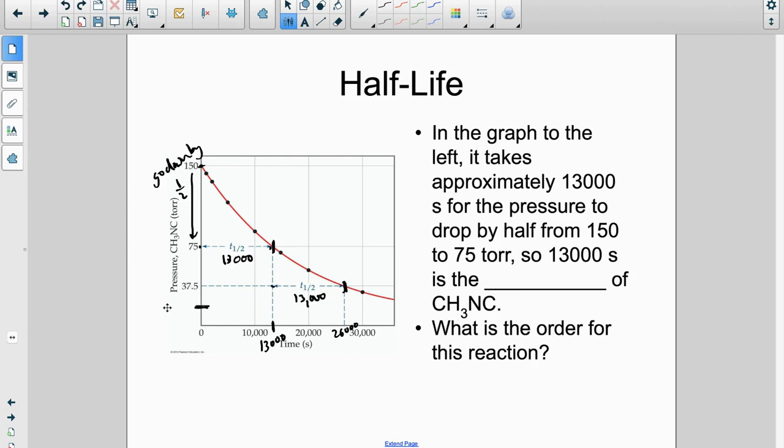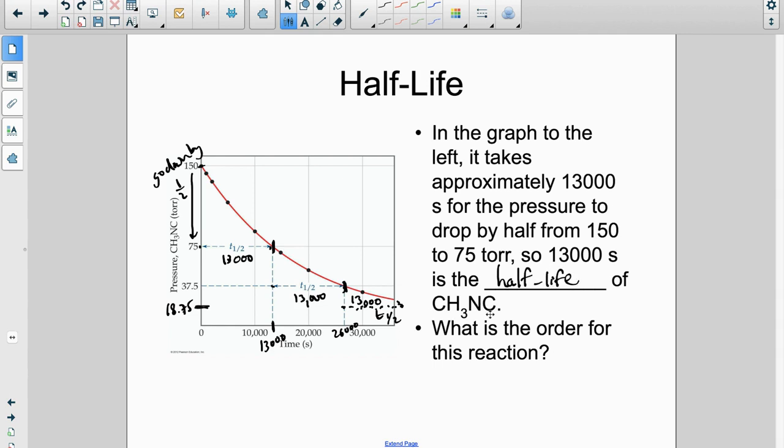So half of 37.5 is 18.75. And so here, if we go down to 18.75, we've got to do some extrapolation right here. What do you think this half-life will be based on what you're seeing for these two half-lives? Well, if you're guessing 13,000, you are correct. It's 13,000 again. So that is the half-life.